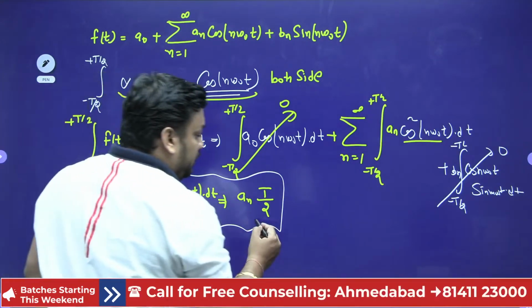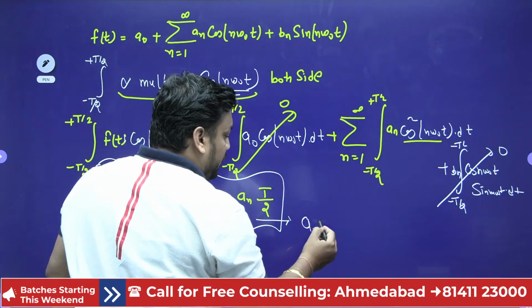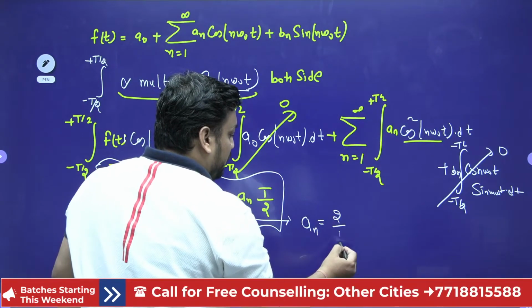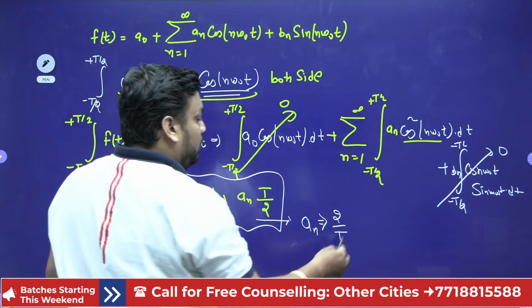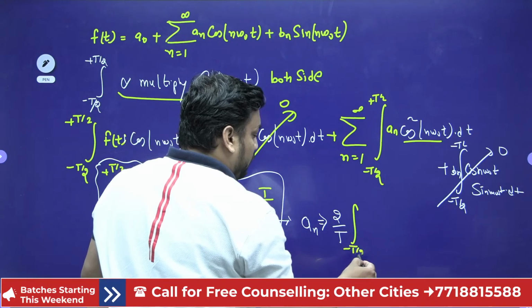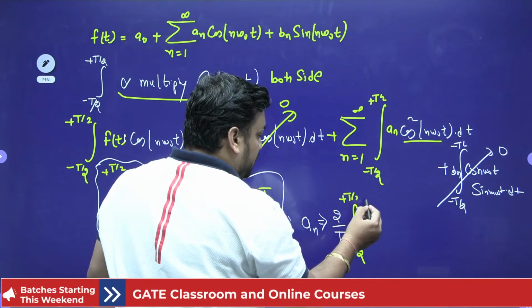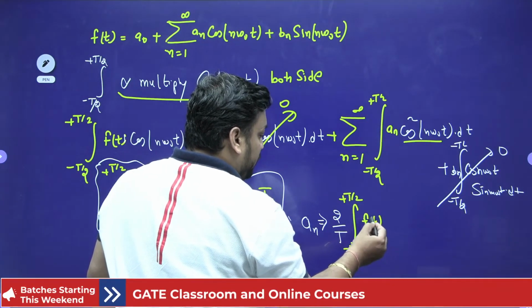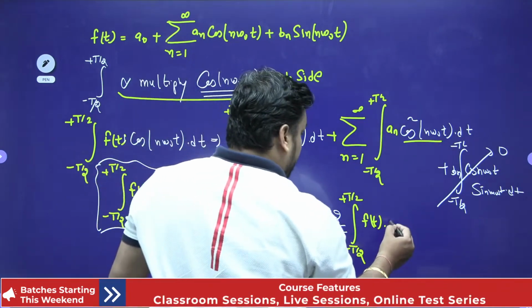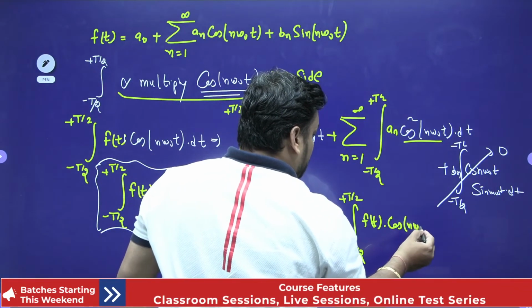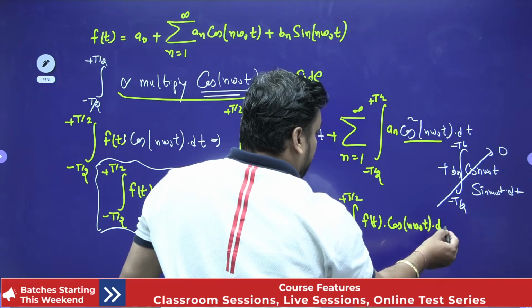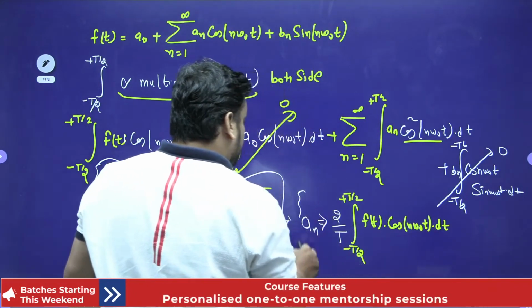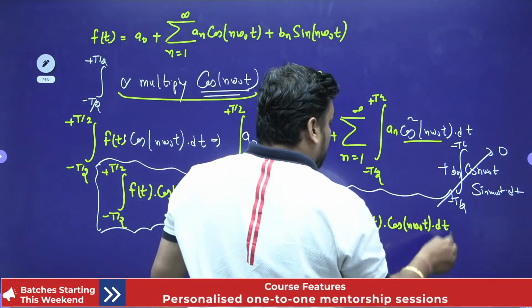If I cross multiply, finally my an formula will be twice upon T, integration limit from minus T by 2 to plus T by 2, here we have f(t) dot cos of n omega 0 t into dt. So I hope, guys, this part is crystal clear to you.